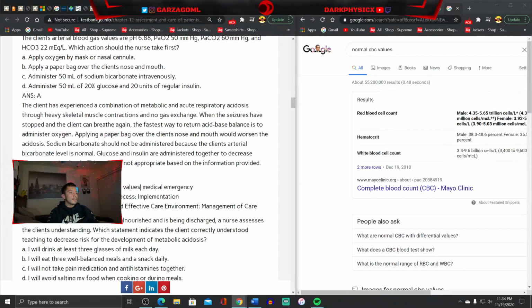Okay. A client who is malnourished is being discharged, and a nurse assesses the client's understanding. Which statement indicates that the client correctly understood teaching to decrease risk for development of metabolic acidosis? I will drink at least 3 glasses of milk each day. Heck no. You want to avoid dairy if you have metabolic acidosis.